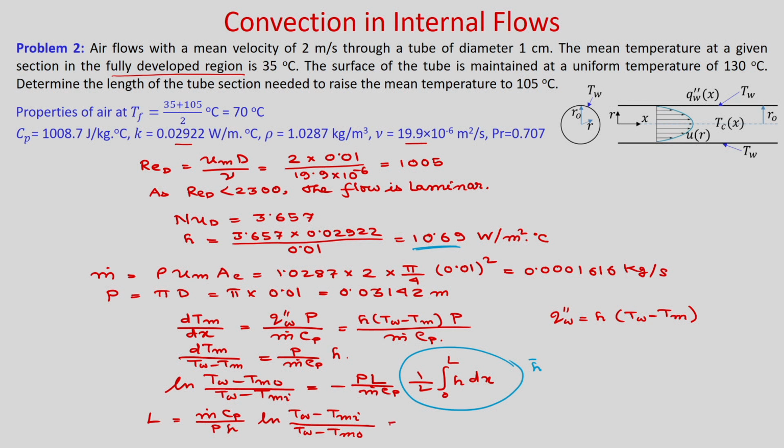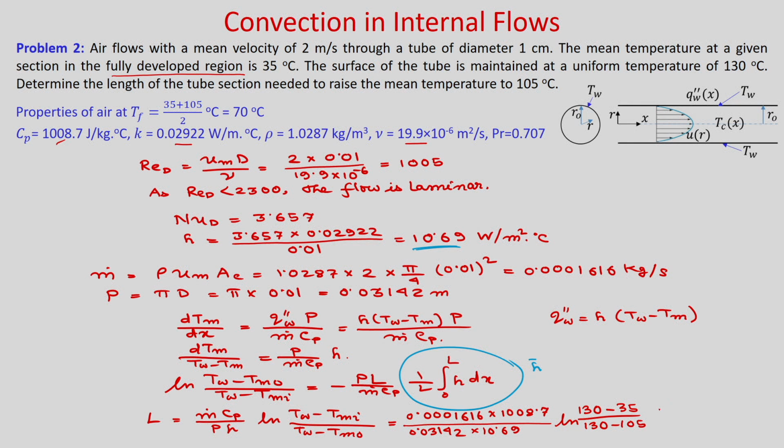If you put all the values here, m dot is 0.001616 into Cp, which is 1008.7, divided by P, the perimeter we have calculated as 0.03142, into h, which we have calculated as 10.69, into ln of (130 minus 35) divided by (130 minus 105).